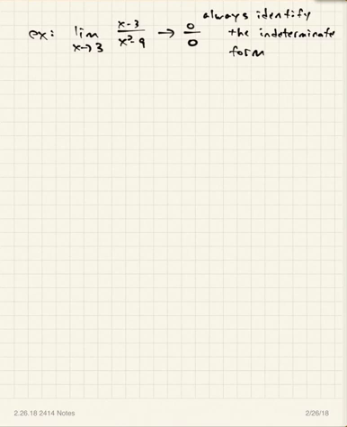Now, if you remember a little while ago, we saw that this limit was 1/6, but now L'Hopital's rule says that this limit should be equal to the limit as x approaches 3 of the derivative of the numerator, which is 1, over the derivative of the denominator, which is 2x.